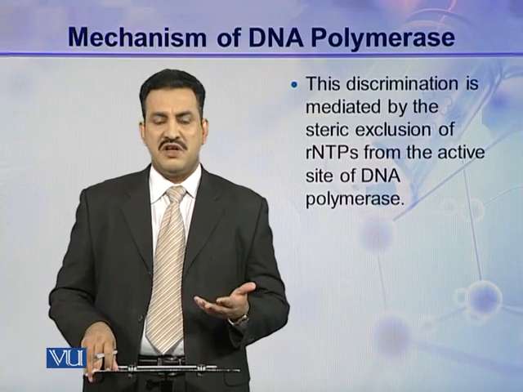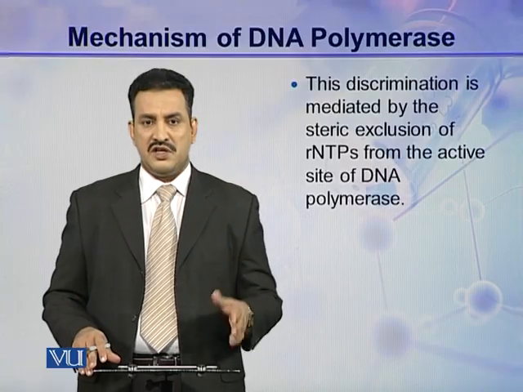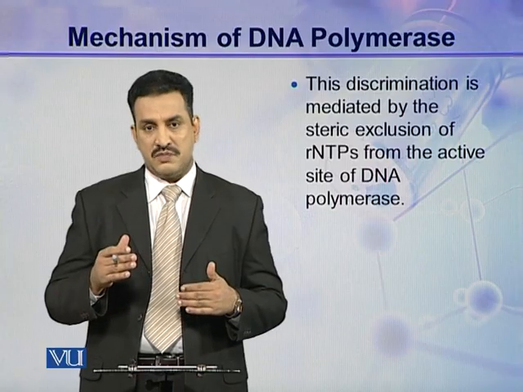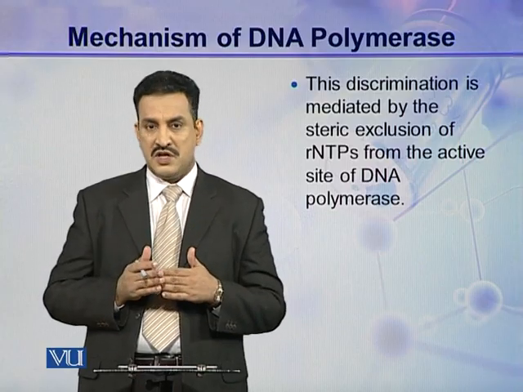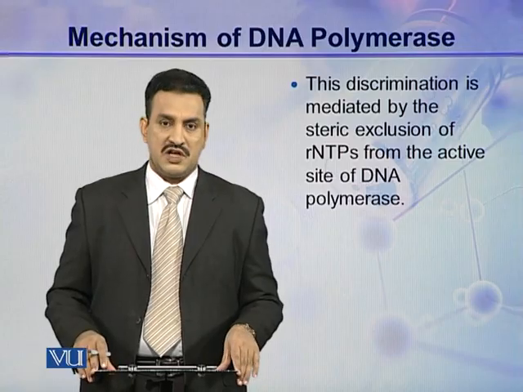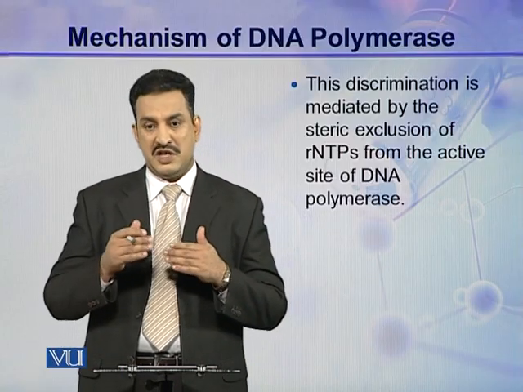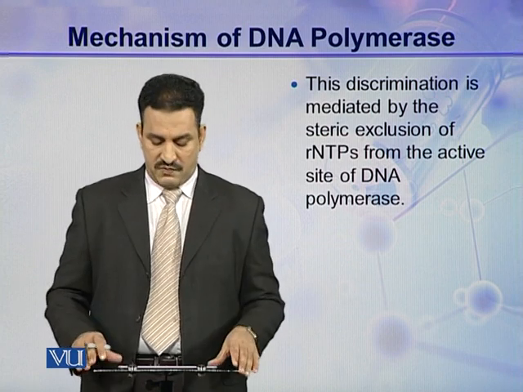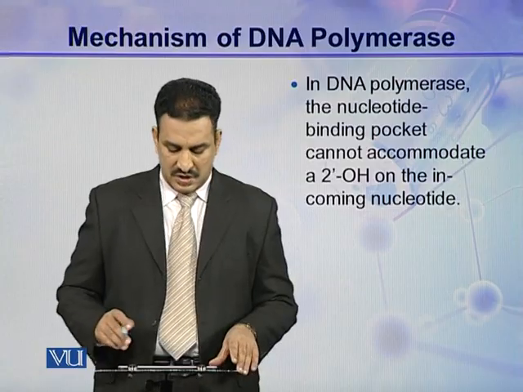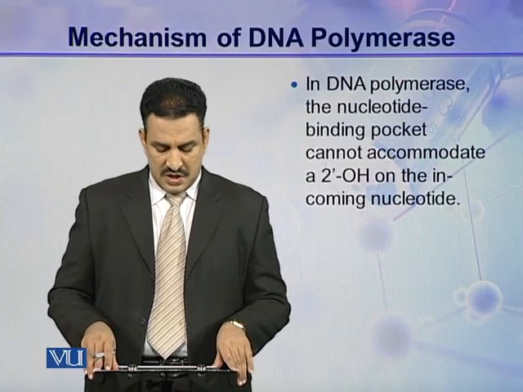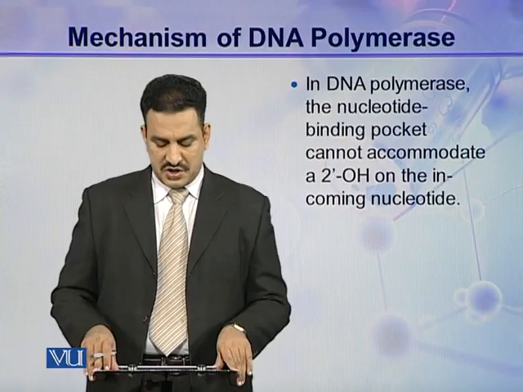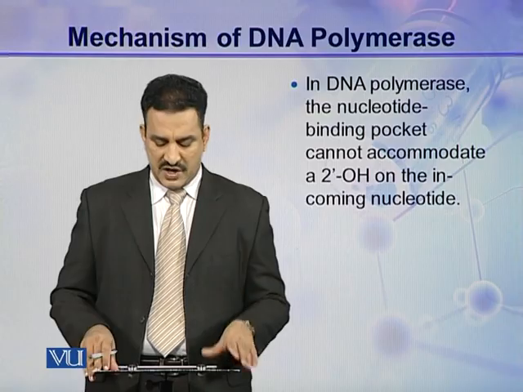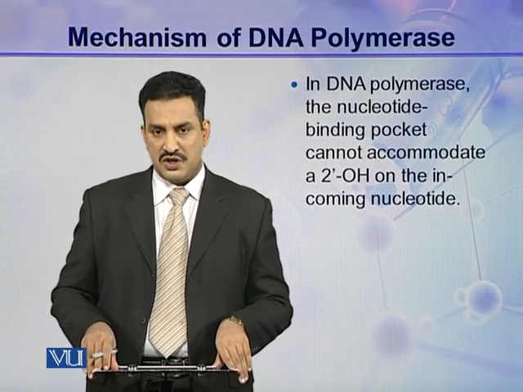This is similar to what you have seen in the case of a wrong dNTP, which has come to join the template, but the catalysis doesn't take place due to ill alignment of the 3' hydroxyl and the alpha phosphate group. So in DNA polymerase, the nucleotide binding pocket cannot accommodate a 2' hydroxyl group on the incoming nucleotide.